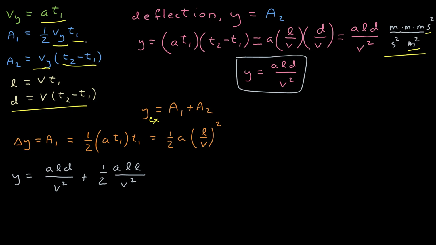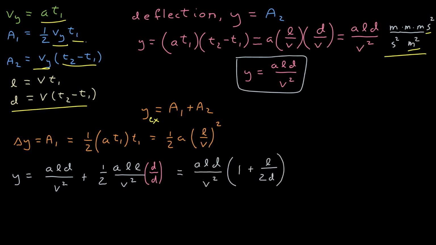So how much did this area under the first curve, the deflection inside the deflector itself, really matter? Well, to take a look at that, I'm going to show you a couple tricks. The first thing I'm going to do is multiply that second term by d over d, which is the very large distance outside the deflector. I'm doing that because I know that's going to be large compared to L, the length of the deflector, and I want to find ratios of those two terms.